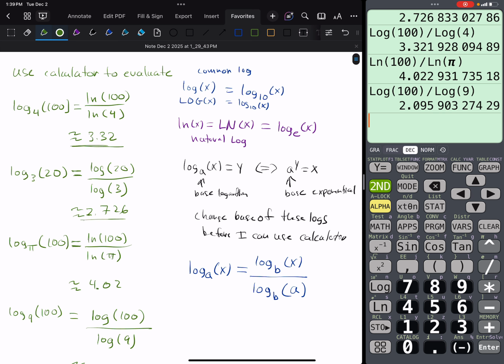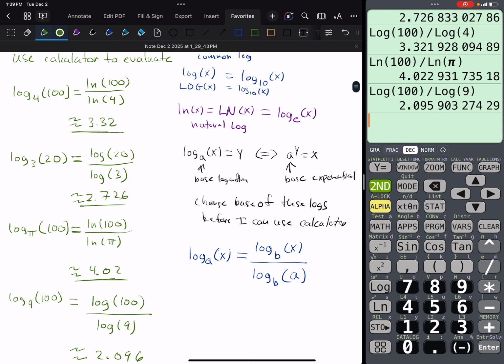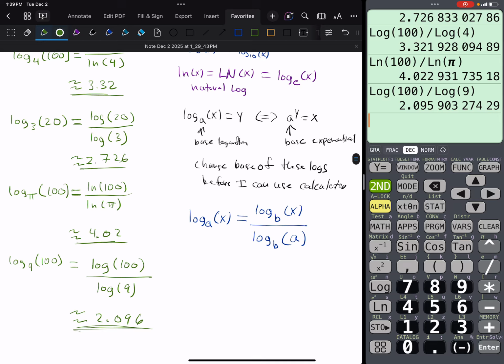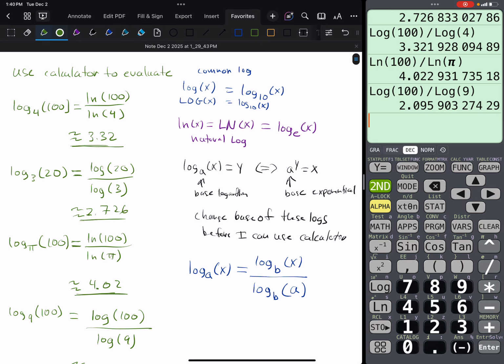So this would be how to use that change of base formula to evaluate logs in our calculator that we wouldn't have otherwise been able to evaluate. Hope that helps.